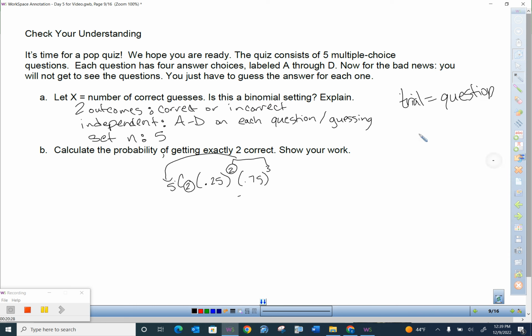Okay. P is equal to 1 out of 4, because with your guessing on a multiple choice question, A through D, there are 4 options, and only one of them is going to be right on the answer key. So that means the leftover probability is 0.75. And we wanted exactly 2 of them to be right, and we wanted the leftover 3 to be wrong.